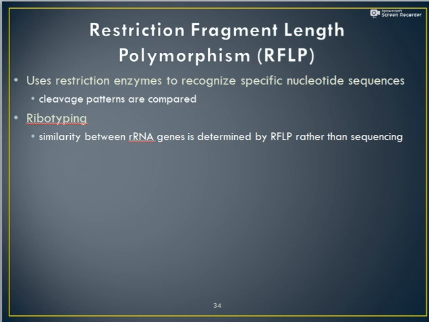Restriction enzymes are enzymes which cut DNA at specific sites, and these are in fact produced by the bacteria itself. Like you have EcoRI, BamHI, different restriction enzymes are there. And when you cut the DNA using these restriction enzymes, you get a band pattern.